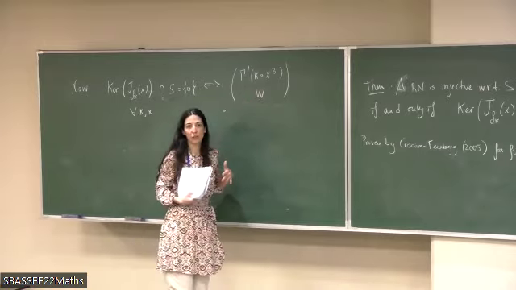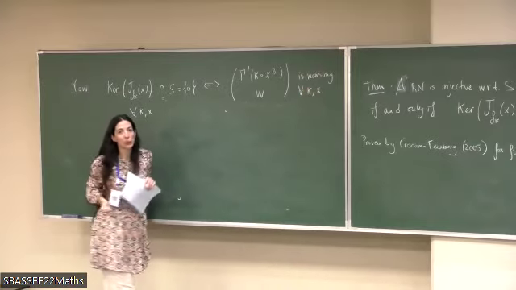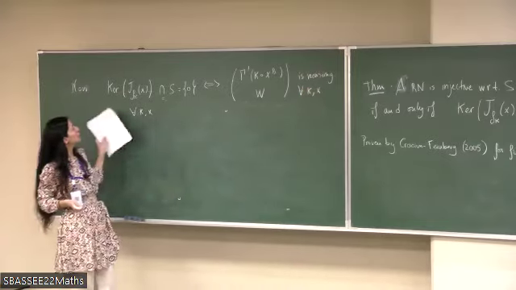So if this matrix is non-singular, then I know that the kernel of the Jacobian intersects S only at 0.